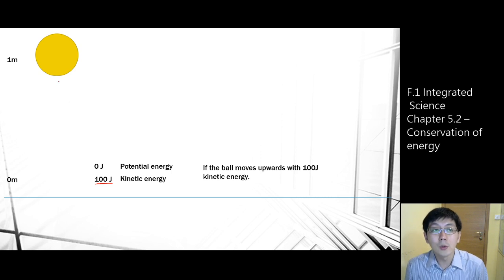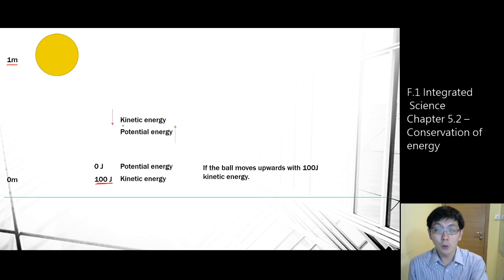So when the ball goes up, you know what happened. It goes up, it goes up, it goes up. That means it is having more and more potential energy. And where is this potential energy coming from? It is actually coming from the kinetic energy. So the ball goes up, it moves slower, slower, and slower.